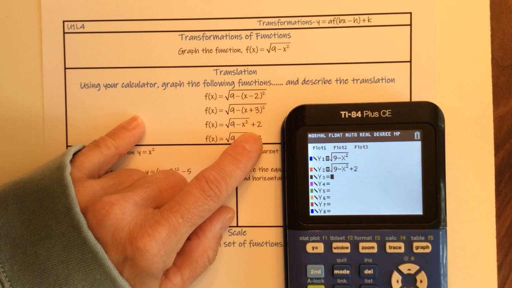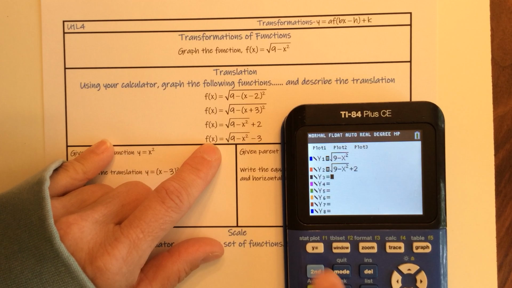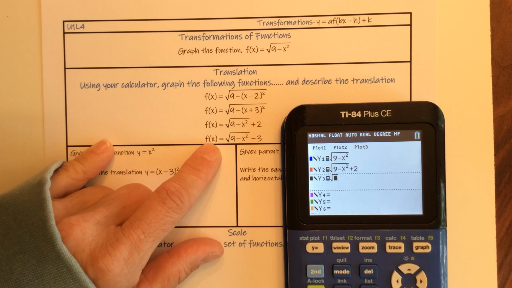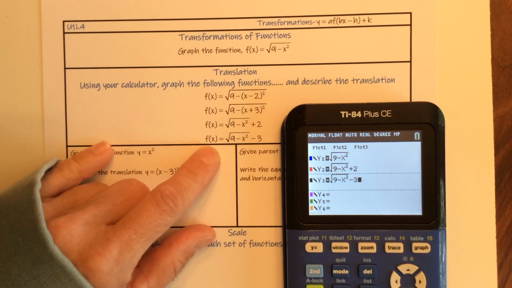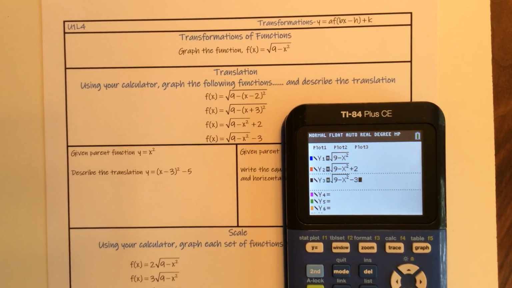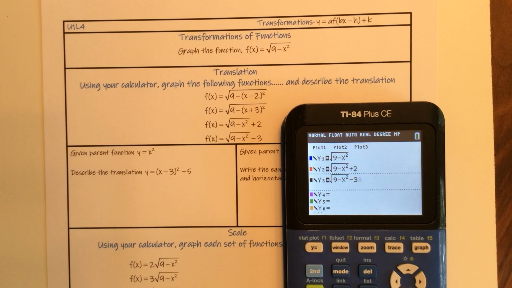In y3, I'll get my square root of 9 minus x squared, get outside of the radical, and subtract 3. I'm hoping you've thought about what you'd see when you graph this, and now we're going to see if you were correct.